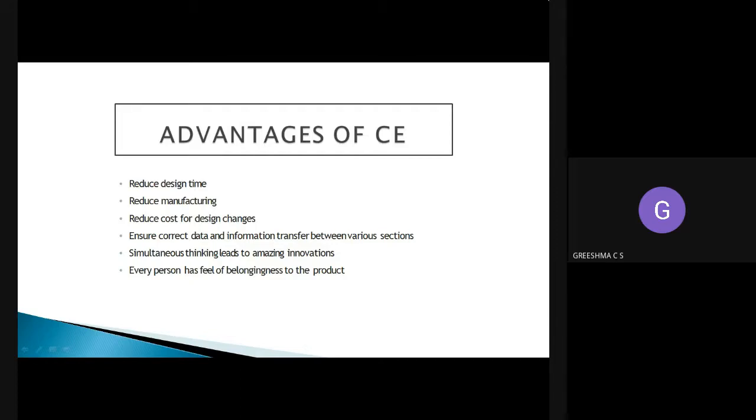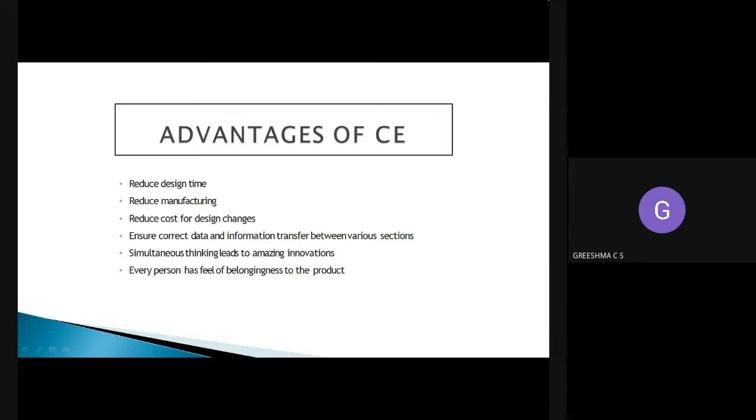For example, a person A wants to develop microbial concrete. He needs information from both sides. Alone he cannot work with a particular stream. A civil engineer alone cannot work with a civil stream, so he needs proper information from both the streams. So in concurrent engineering, it will ensure the correct data and information transfer between the various sections.